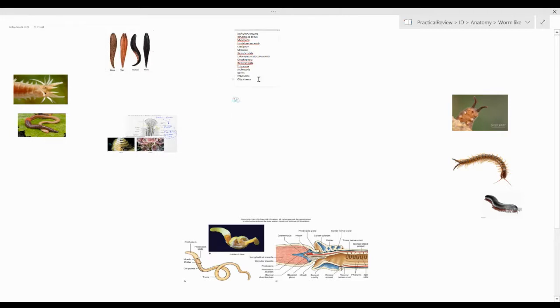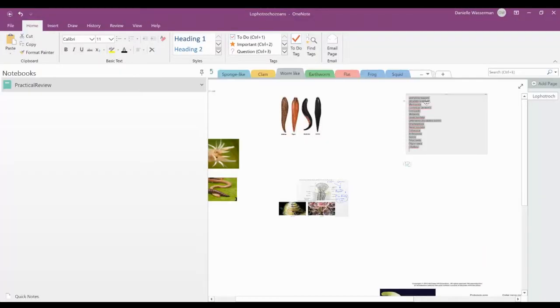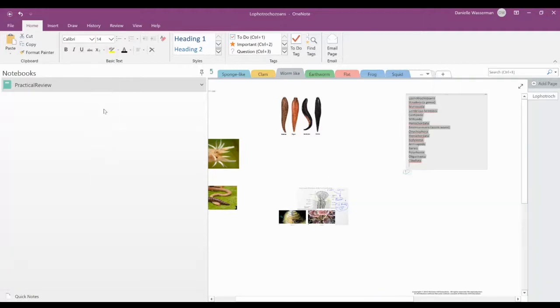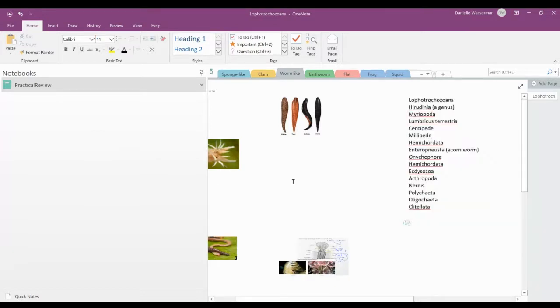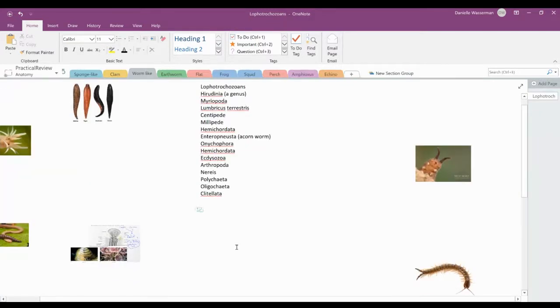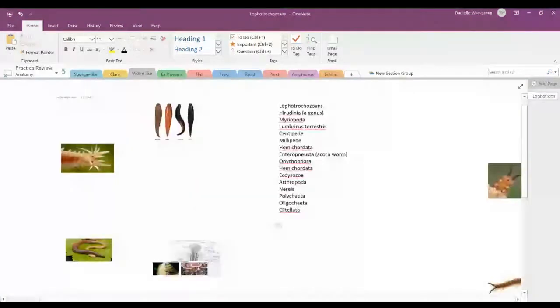And just one more. Clitellata. Okay, so I'll break this down. Really would like to go away. Oh, there we go. Sometimes you get what you ask for.